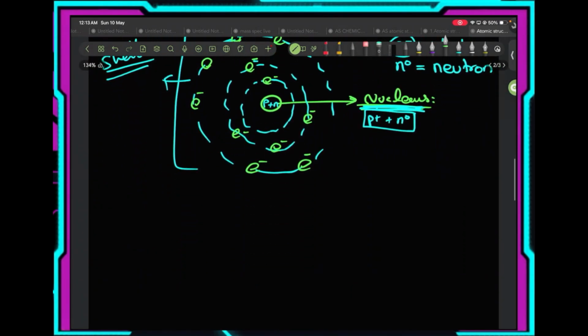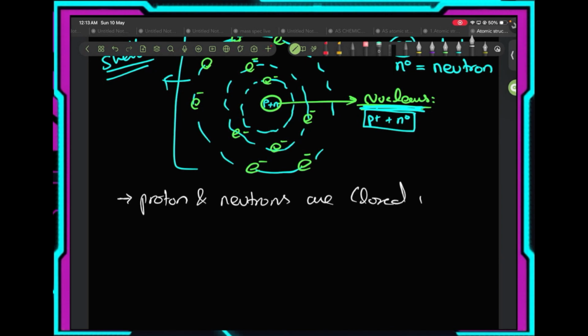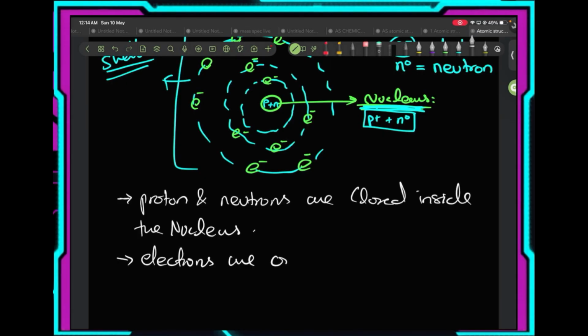Now let's move on to a few points that you used to write. The first point was that regarding the protons and the neutrons, the protons and neutrons are closed inside the nucleus. The electrons are outside the nucleus.